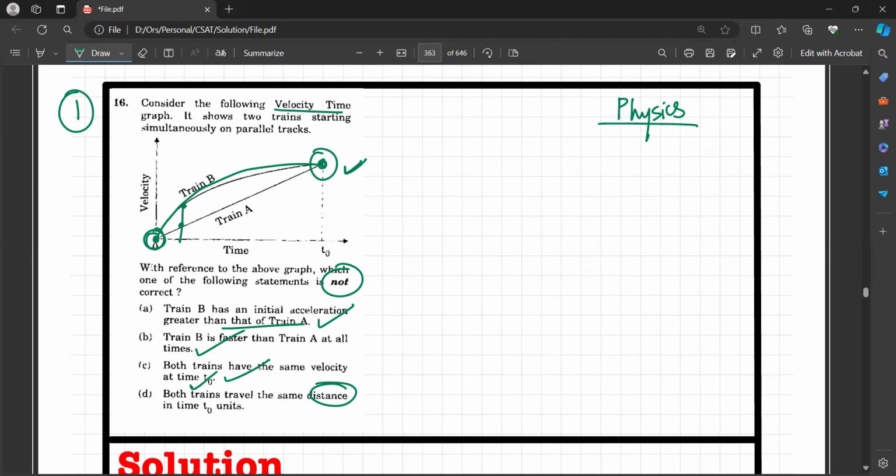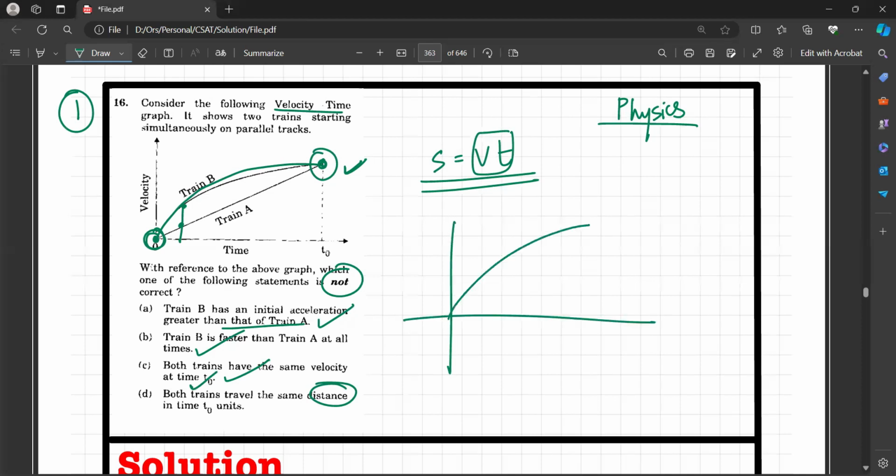Have they traveled the same distance? No. Why? Distance s is equal to vt. So it is the product of the velocity and the time. That means in any graph, the area under the graph is the vt, because this is velocity, this is time.